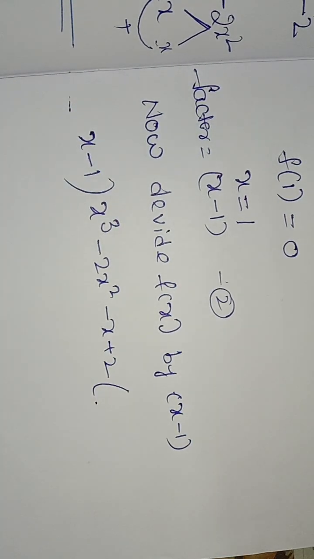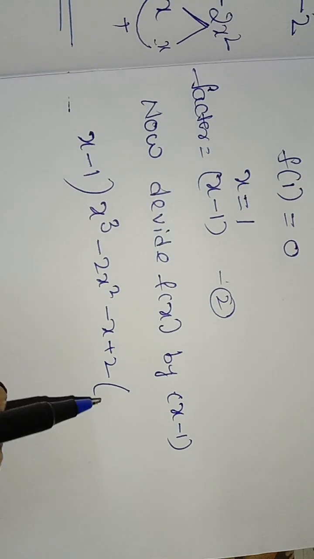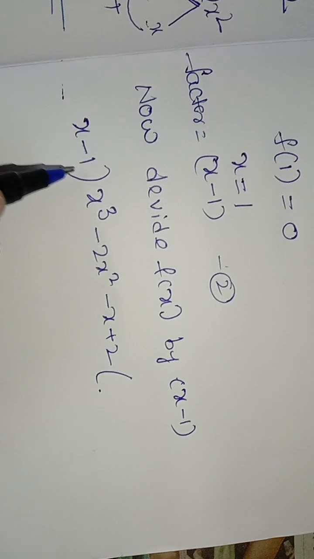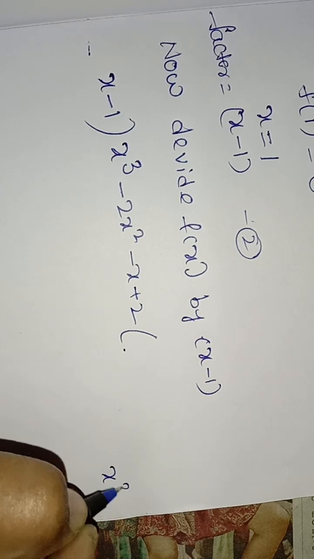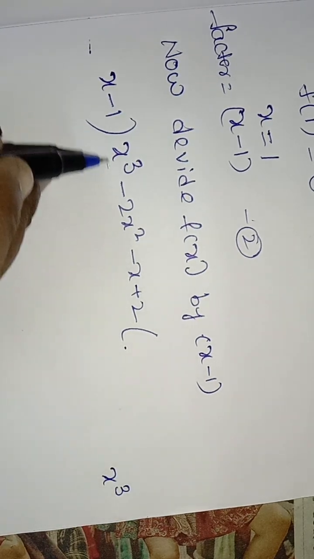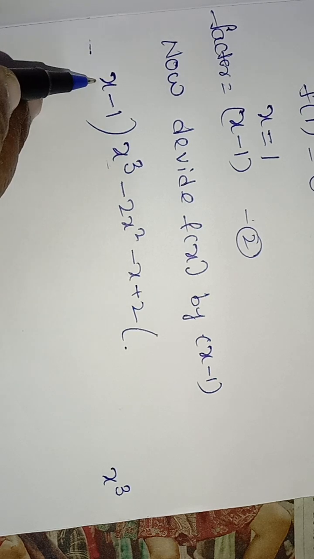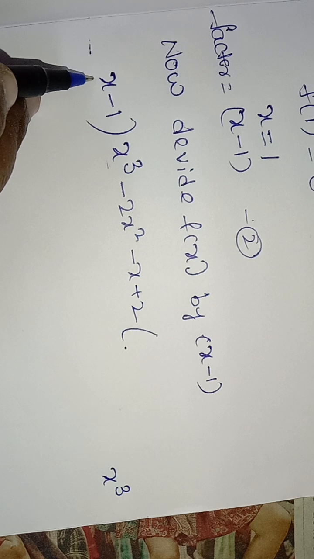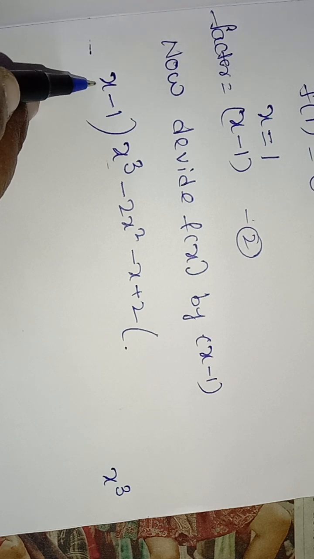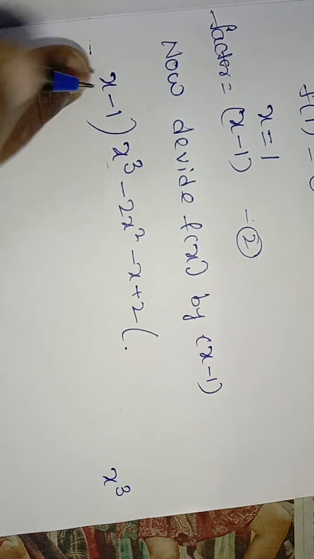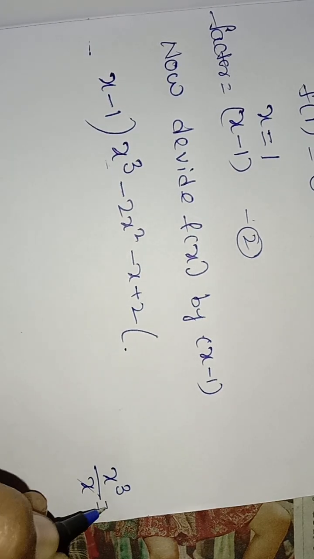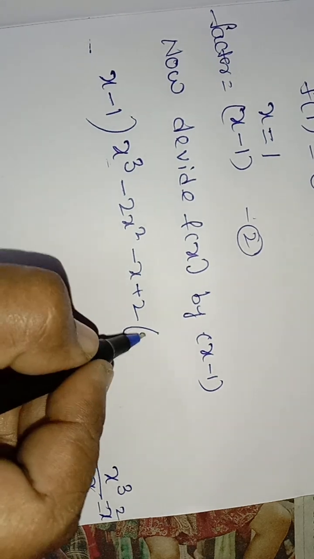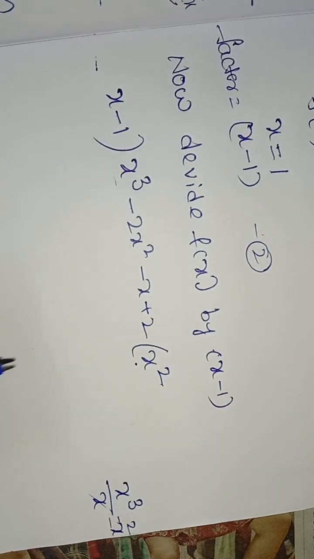With which number do we have to multiply to get x cube? There is a simple logic: what is your first term, x cube in the f of x, and the first term of your divisor is x. So after cancellation you will get x square, meaning x square is my first quotient term.